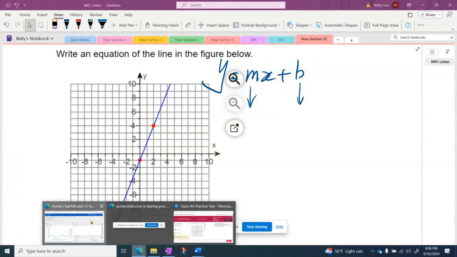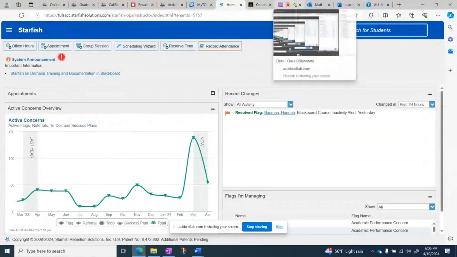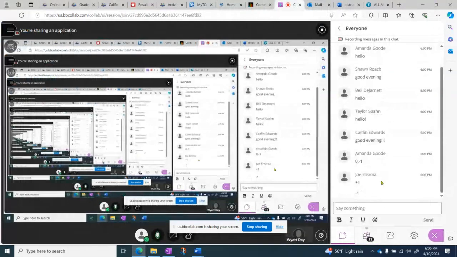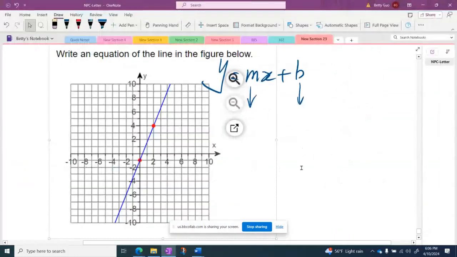I think it is -1. Awesome, very good. It's a -1, right? Yeah, perfect. So b equals -1. This is the origin, and the red point is 1 unit below the origin. So the value of b is -1.